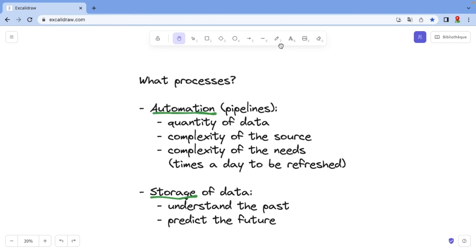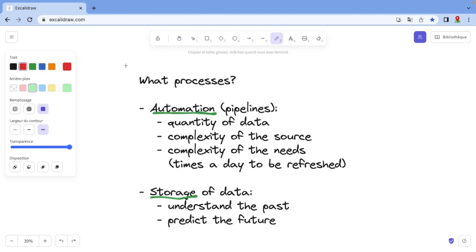And what are those processes that make everything easier? Automation, as we have talked about, pipelines, because of the quantity of data, the complexity of sources, the complexity of the needs, times a day to be refreshed.